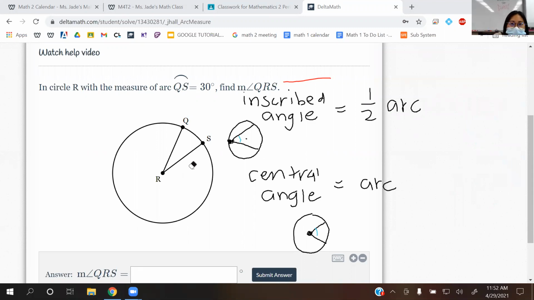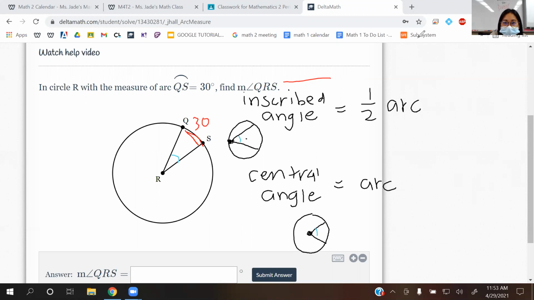In circle R, the measure of arc QS equals 30 degrees. Find the measure of angle QRS. So we have a central angle, right? Because the vertex is at the center. When you have a central angle, the central angle is equal to the arc.